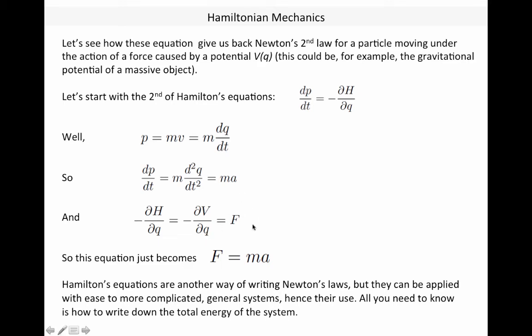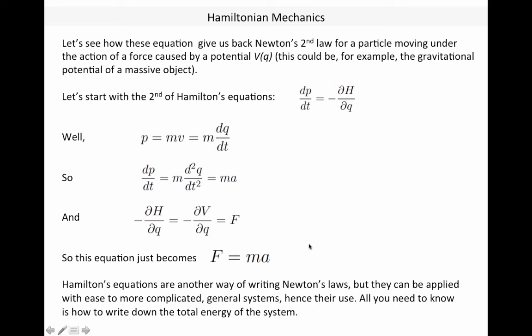Now, the definition of force in classical mechanics is that it is just minus the derivative of the potential energy with respect to position. You can show explicitly that this is the case using, for example, Newton's law of gravity. So this is, by definition, equal to the force. So if we plug F into the right-hand side of this equation and ma into the left side, we get fairly trivially F equals ma, Newton's second law of motion.